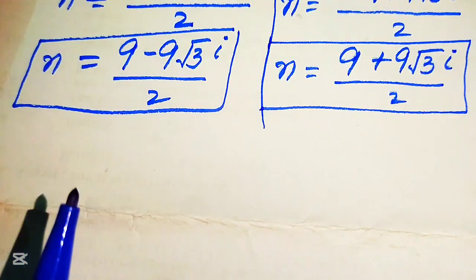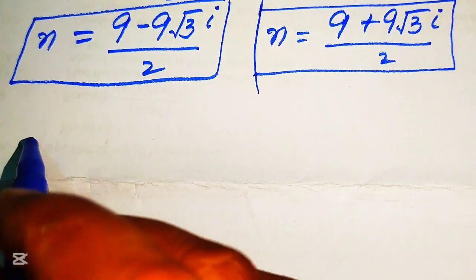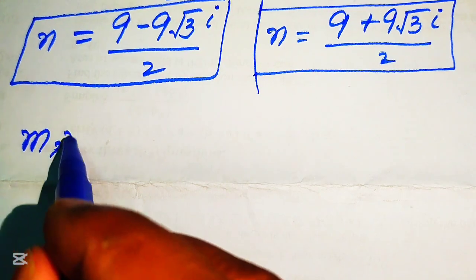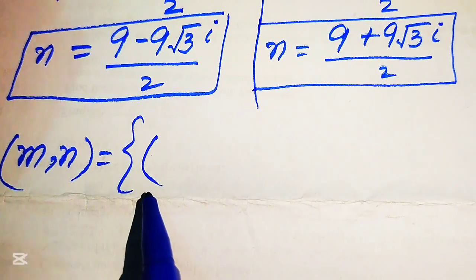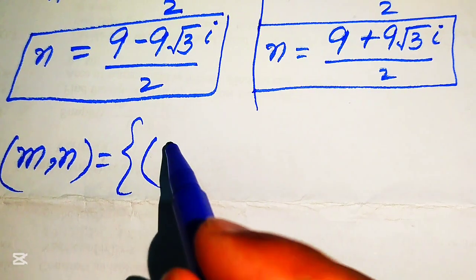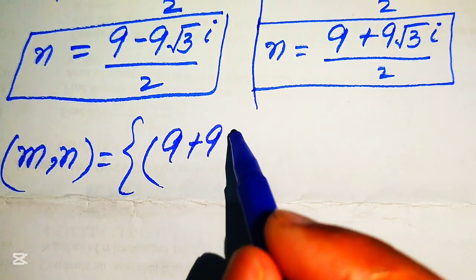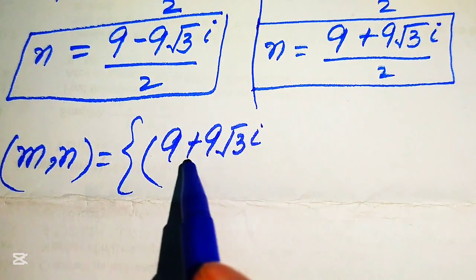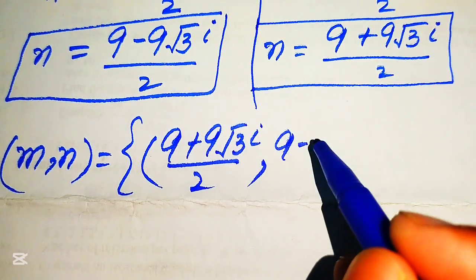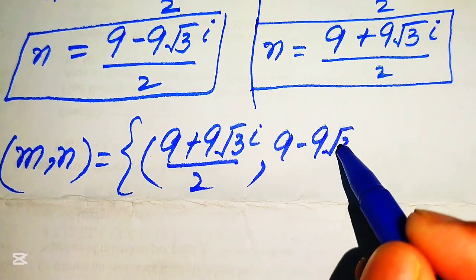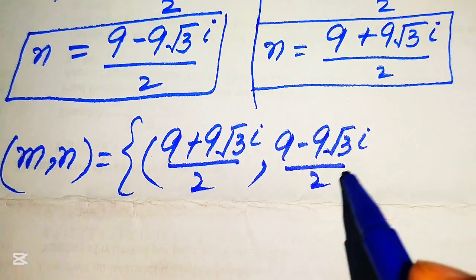Okay, so finally we have the two roots of the given equation, the values of m and n. The first value of m is 9 plus 9 times the square root of 3 iota divided by 2. The corresponding value of n is 9 minus 9 times the square root of 3 iota divided by 2.